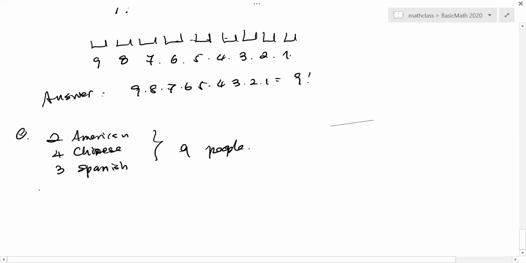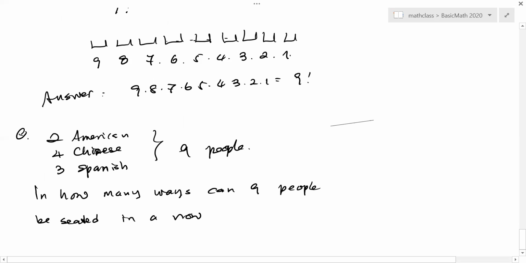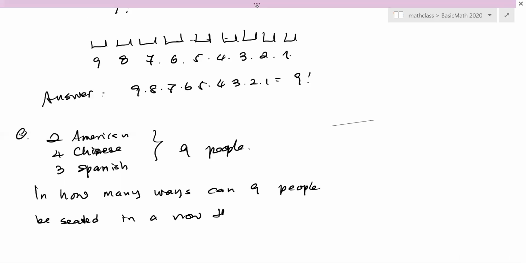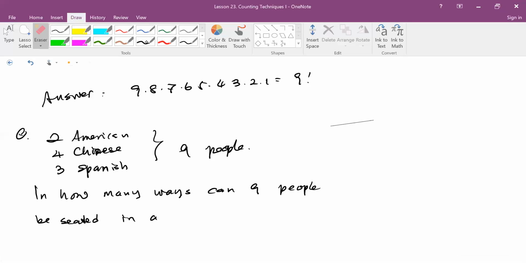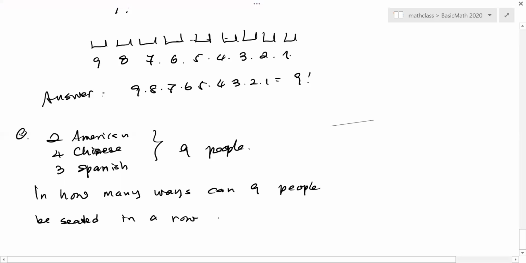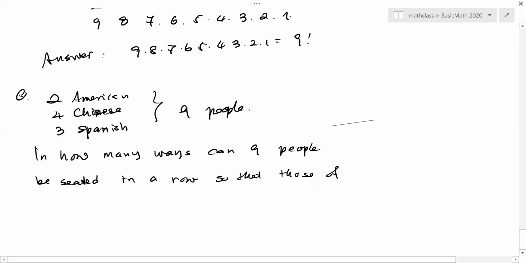The question is still the same: how many ways can these 9 people be seated? But there is a restriction in a row, so that those of the same nationality sit together.